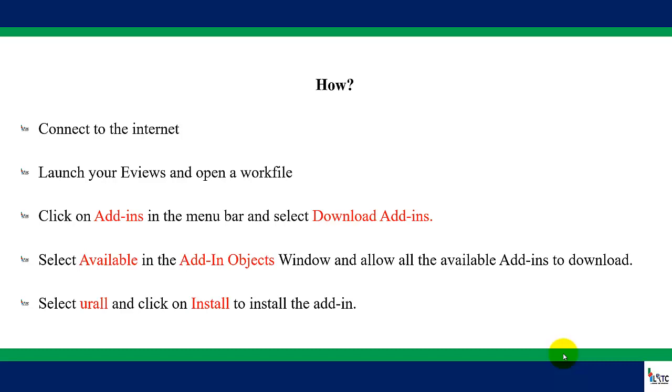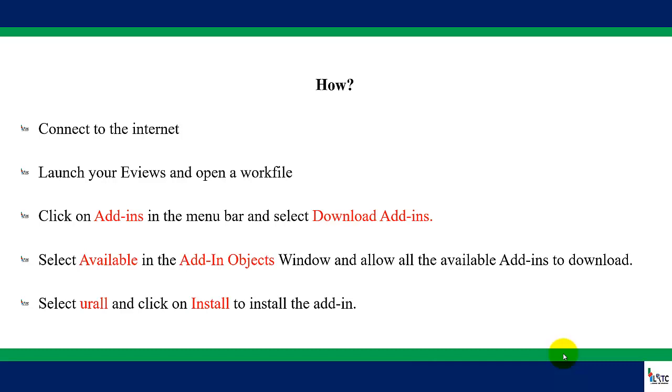Once you click on download add-ins, a new window will pop up and the list of the available add-ins will be provided. Once you see the list, you will have two options there, installed as well as available. So you make sure you're on the available tab so that you can see all the list of the available add-ins.